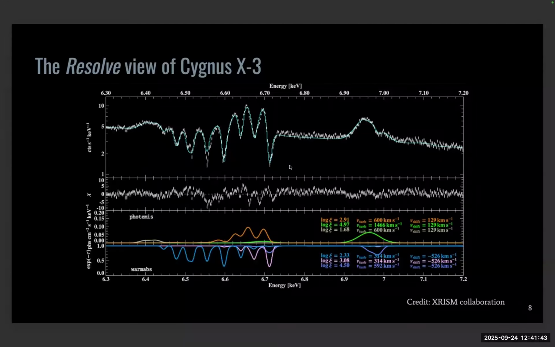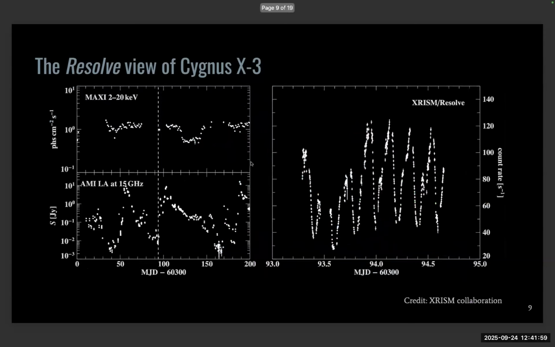And we've been able to model this with multi-component photoionization models that basically model the different emission components and the different absorption components, which require different velocity shifts and broadening to get all these line ratios reproduced well.